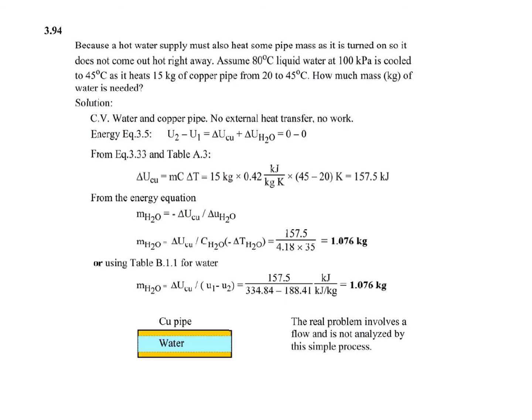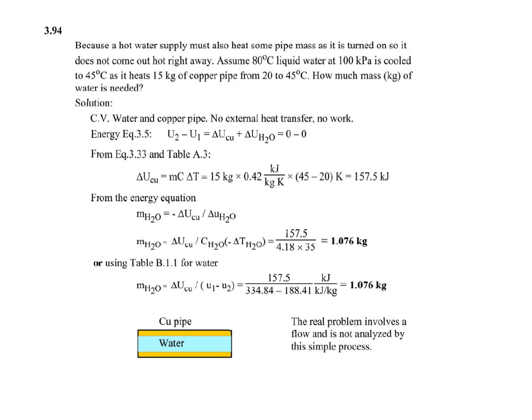So again we have the same problem as in the last slide. Here we have water and copper, as it was copper and oil in the previous example. So the problem is the same, that now the fluid is at the elevated temperature and copper is being heated.